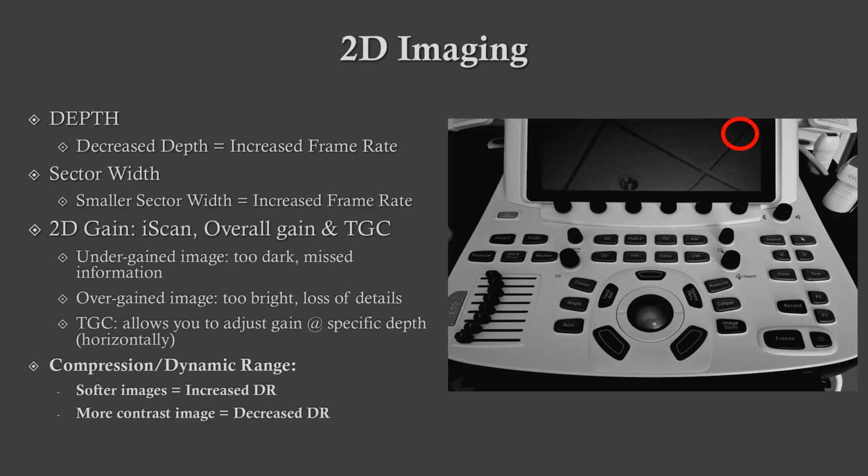Another important button or knob of the ultrasound machine is the compression or dynamic range button. It's usually on the touch screen on this particular ultrasound system. If we want softer images, we have to increase the dynamic range as compared to more contrasty images when we decrease the dynamic range.